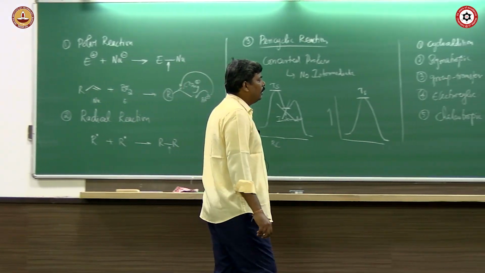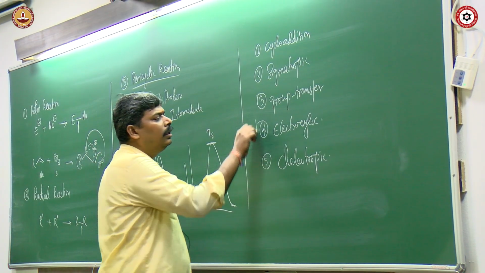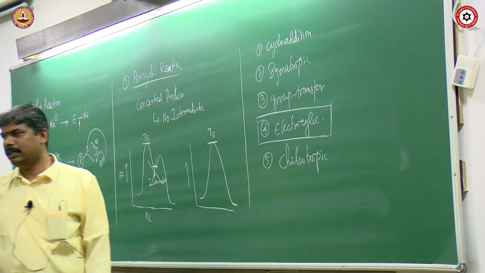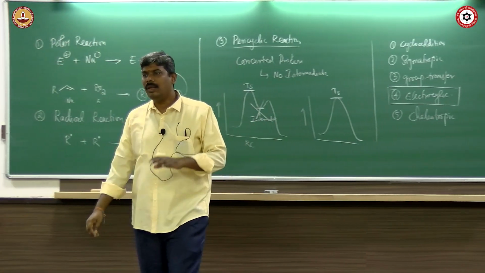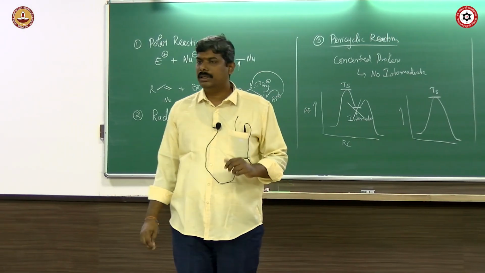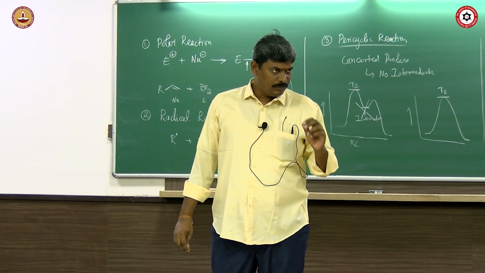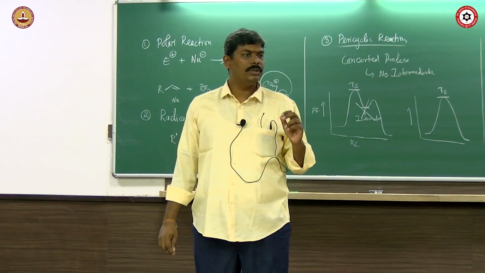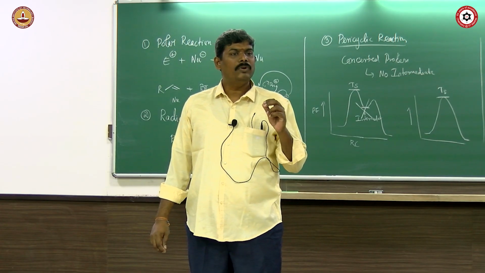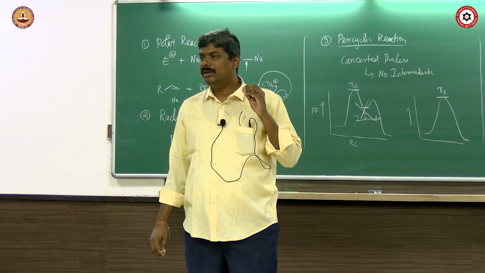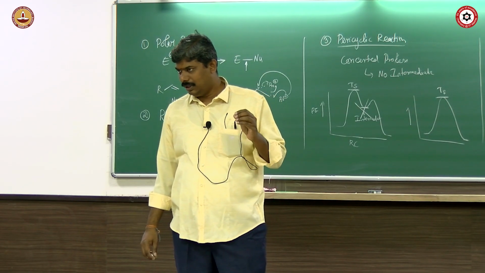And today, luckily, I chose the right topic, what we are going to see is the electrocyclic reaction. And one more interesting aspect of pericyclic reactions of this type is that they are reversible transformations. So all these reactions are reversible. You can go from left to right, and you can also come from right to left.